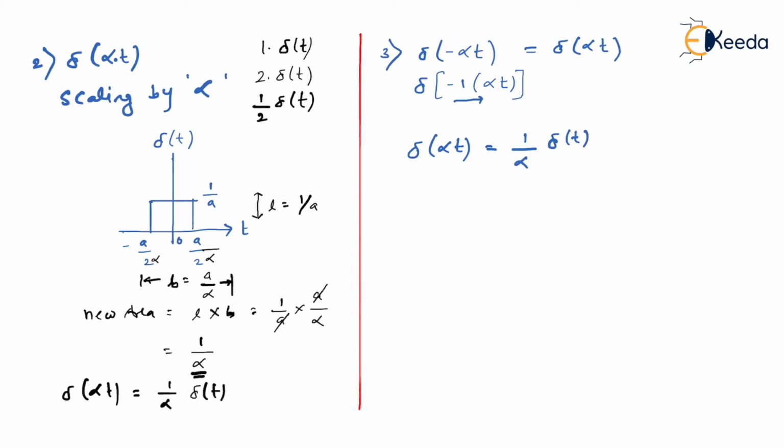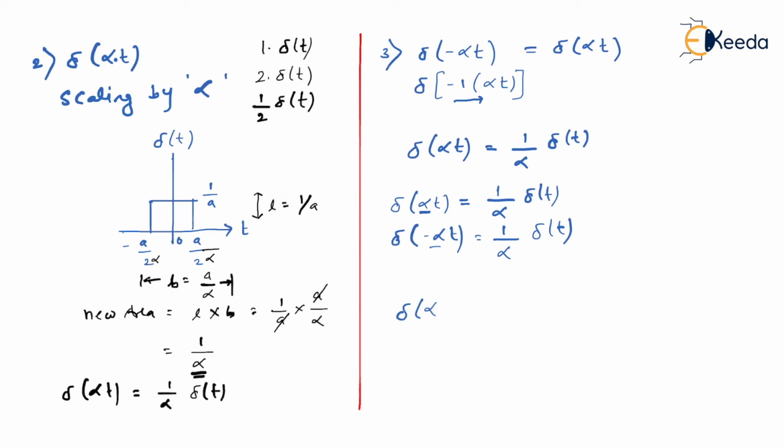What does that mean? It means, suppose we have del of alpha t, this is equal to 1 upon alpha del of t, as well as whenever we have del of minus alpha t, this is also equal to 1 upon alpha del of t. What does that mean? Whether alpha is positive or negative, it does not matter. We still get the same conclusion. So now let me put it in a generalized way. I can write like this.